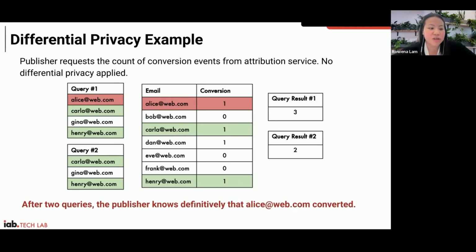Now, if a publisher then runs the second query that only includes Carla, Gina, and Henry, and asks that same question of how many conversions this group of individuals contributed, they're going to get a result back from the attribution service that you see in query result number 2 of 2 conversions. So just by omitting Alice in the second query, the publisher has now learned that Alice has actually contributed 1 conversion.